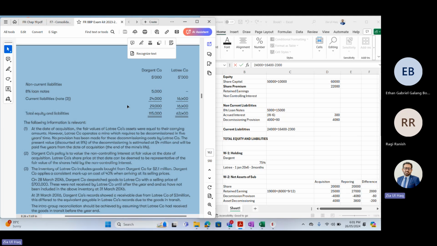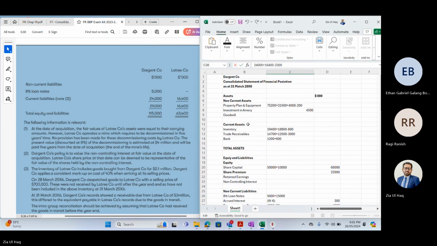And the subsidiary hasn't received it at the year end. Should we bring it back to where? Inventory. This means we need to add this 700 to inventory. Record that inventory in transit. Where is inventory? Here. So adding what? 700 in transit.